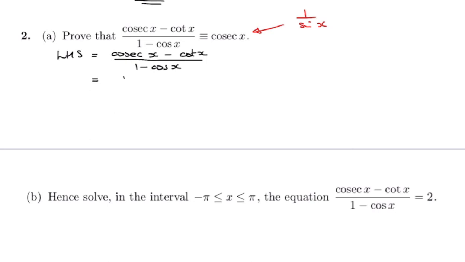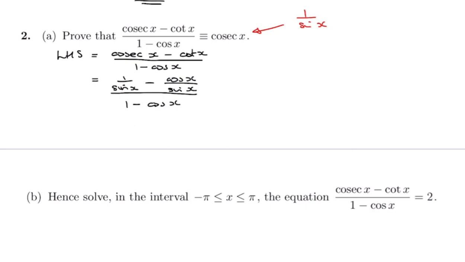So cosec is 1 over sine x, and cot is cos x over sine x, and that's over 1 minus cos x in the denominator.